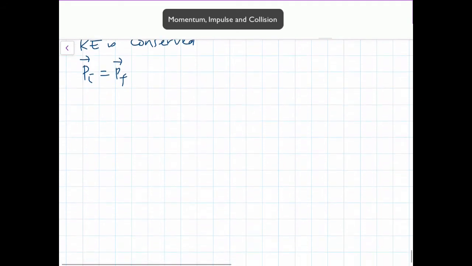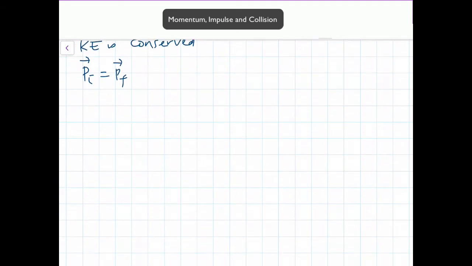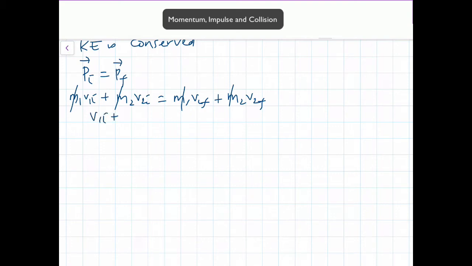This is a very interesting kind of problem because it combines both the equations of kinetic energy and momentum. So what you have is m1 v1 initial plus m2 v2 initial equals m1 v1 final plus m2 v2 final. Mass is common. We're assuming they are the same, so we eliminate all of them. So now v1 initial plus v2 initial equals v1 final plus v2 final.